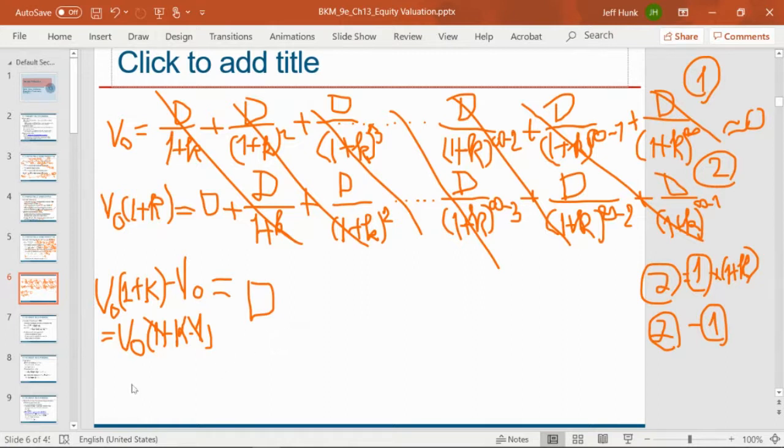So if we rewrite it, this becomes V0 times k equals D. And if you solve it for V0, it becomes D over k.